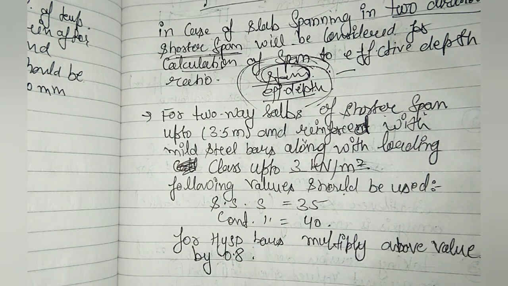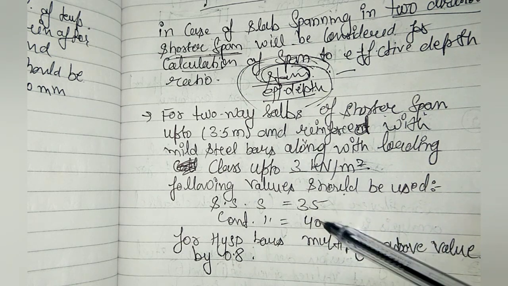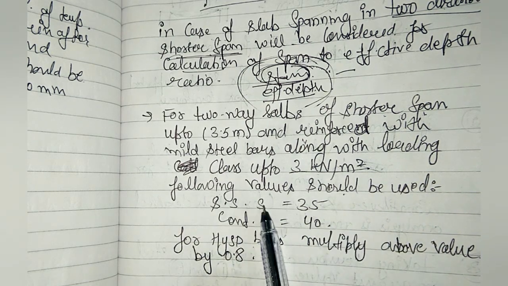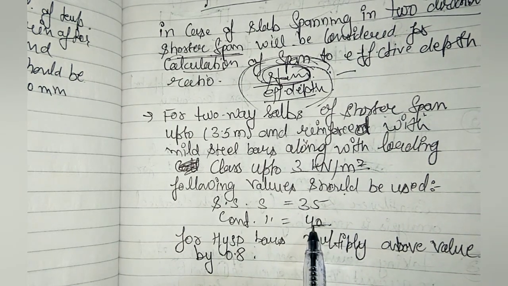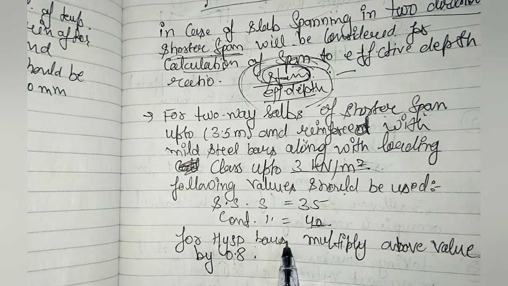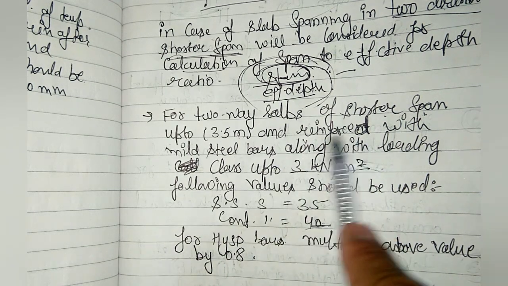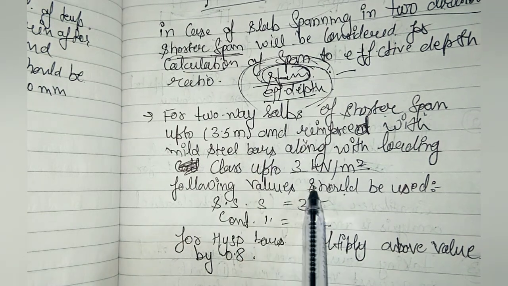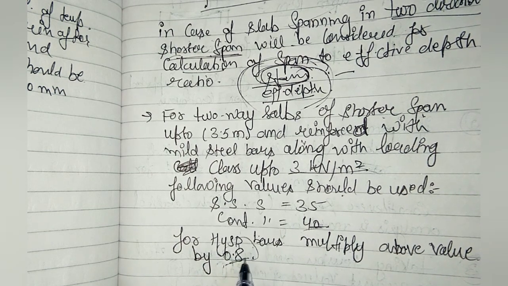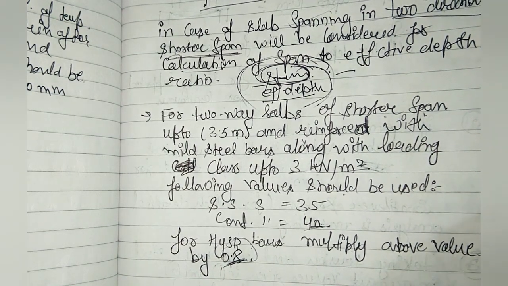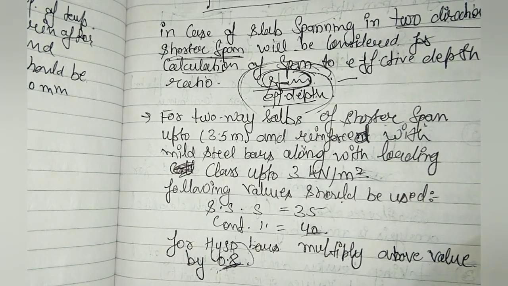The values that we have taken, that is 7 for cantilever, 20 for simply supported, 26 for continuous, here we are going to use 35 for a simply supported slab and 40 for a continuous slab. These values are for mild steel bars, but for HYSD bars we will multiply the above value by a factor of 0.8. So these are some points that we need to take into account.